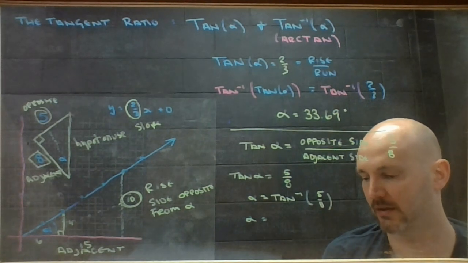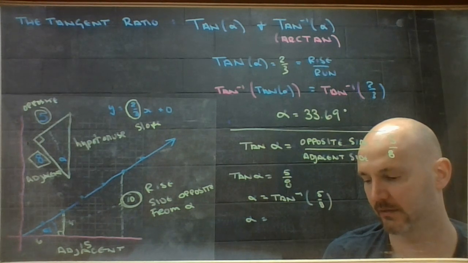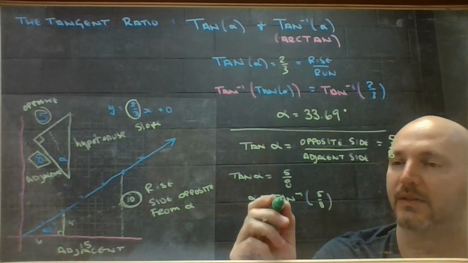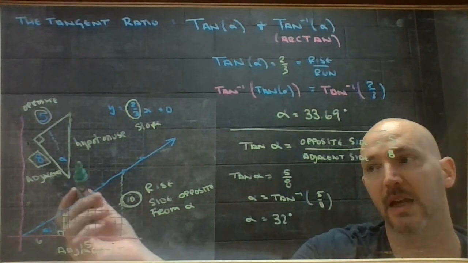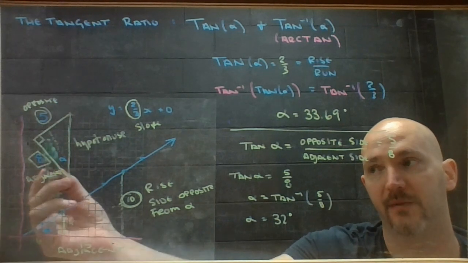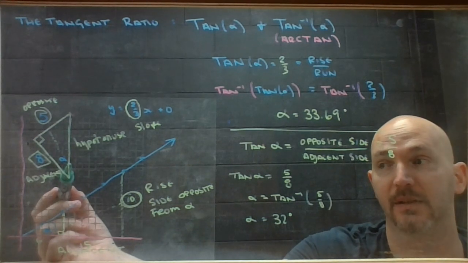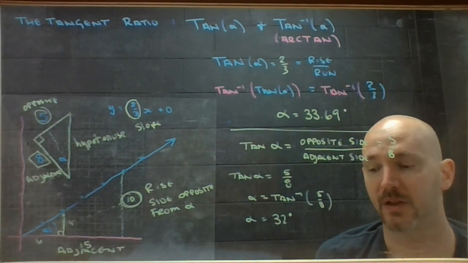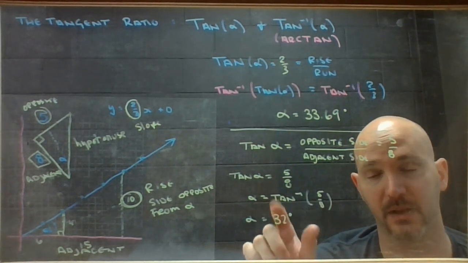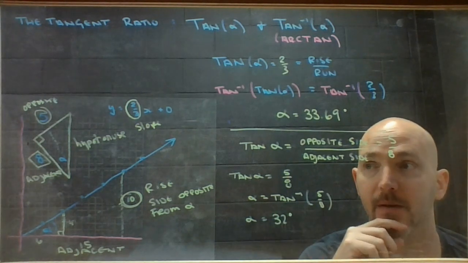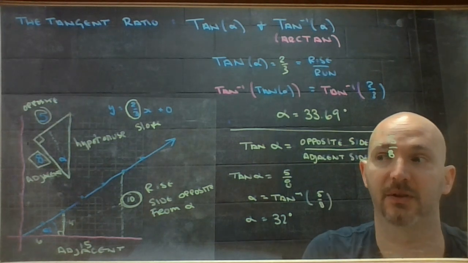And if I put in arctan 5 divided by 8, I get 32 degrees. So the angle in this corner, if that's 90 degrees, that's 5, and that's 8, this angle must be 32 degrees. So you've got a tool now to be able to take the lengths of sides and convert them into the angle that makes them happen. So I'm going to clear this off. We'll do a couple more examples of finding angles, and then we'll do a couple examples of finding sides.